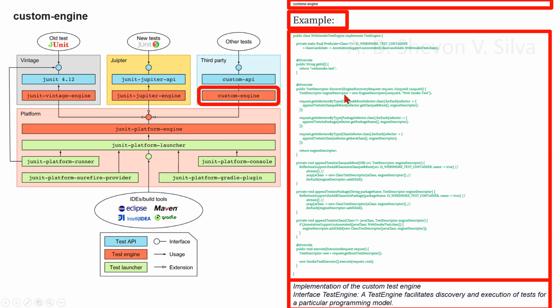The discover method with EngineDiscoveryRequest and UniqueId creates an engine descriptor and adds test descriptors hierarchically, while the EngineDiscoveryRequest gives access to the several implementations of JUnit's org.junit.platform.engine.DiscoverySelector.